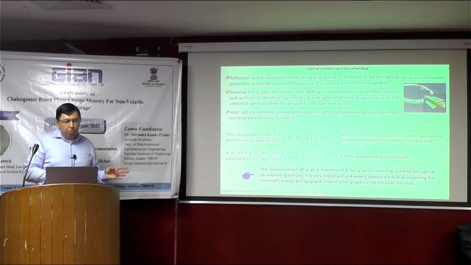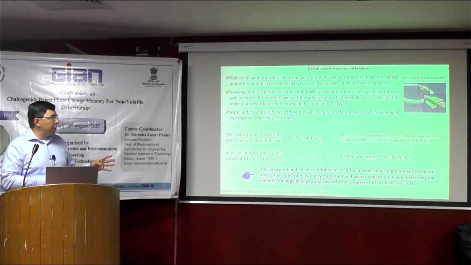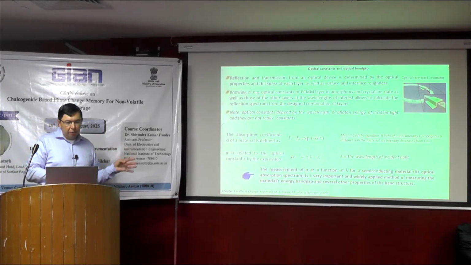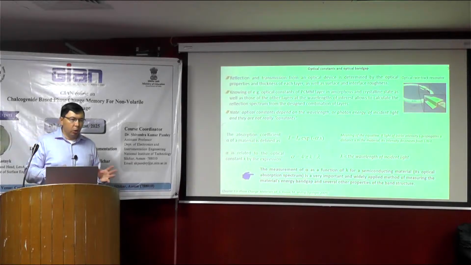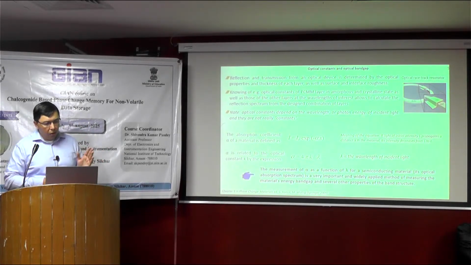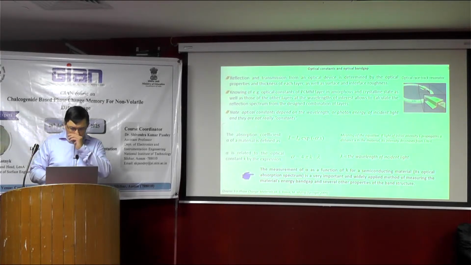But please remember that the optical constants depend on the wavelength and photon energy of the incident light, so they are not really constant. They are constant at a particular wavelength and a particular photon energy.